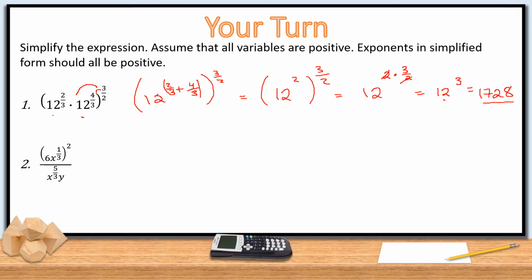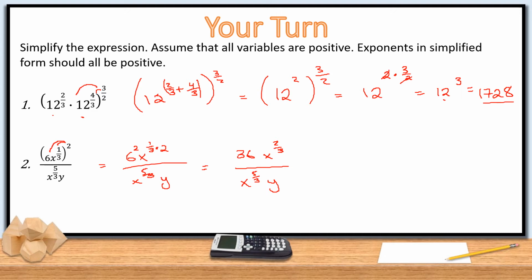All right, number 2, I'd say what I will do here is bring in the squared first, because you can't really go messing with the x's until that squared is taken care of. So we've got 6x, and the 6 is going to be squared, and the 1/3 is also going to be squared, so that 2 is going to distribute to both terms inside, and this is all over x to the power of 5/3y. So on top we get 36, and then that will be x to the power of 2/3 all over x to the power of 5/3 and y.